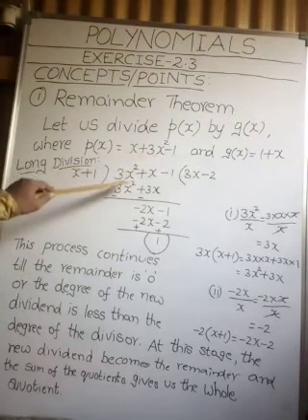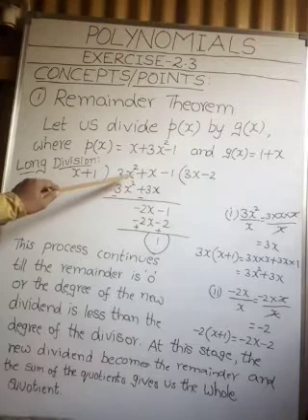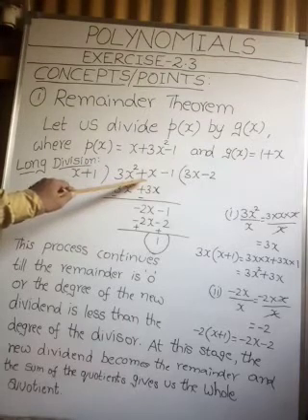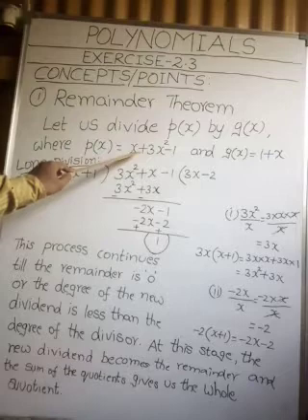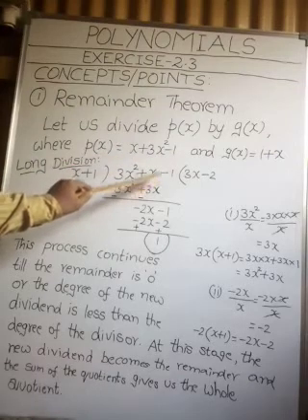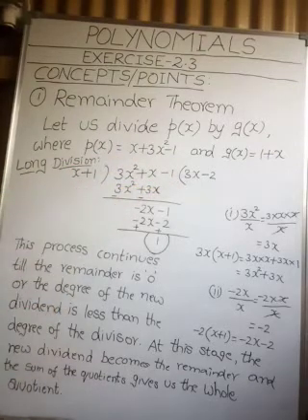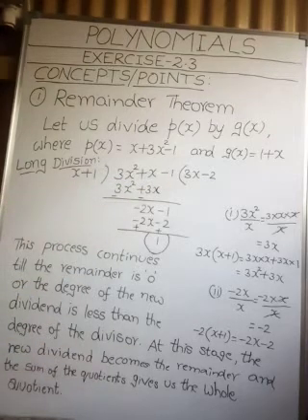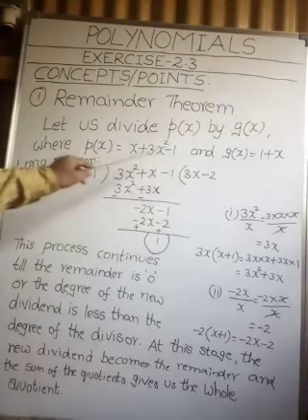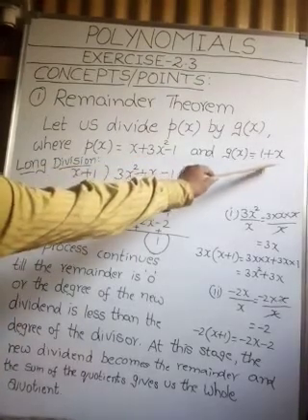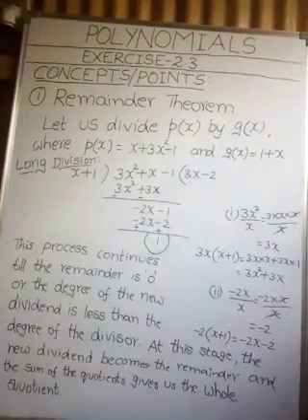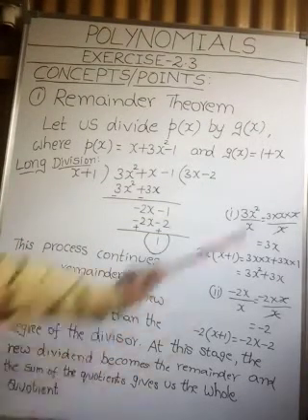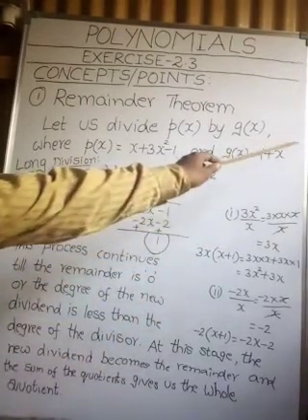So first we write this term, 3x², plus what is the next highest power of x? 1, so x, and the last one is the constant term. So we rewrite the terms of this dividend. Okay, my children. Similarly, here also, what is the degree of this polynomial? 1, x power 1. So the highest power of x is 1.